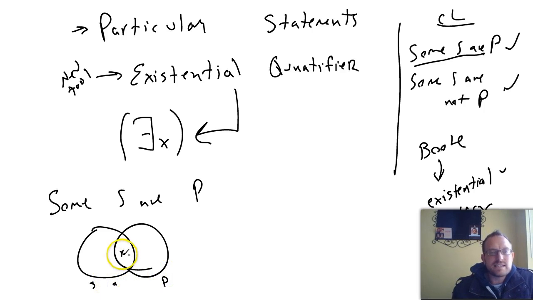If there's an X in the universe that exists and that X is an S and it is a P, I use the language of "and." So you use the rule of conjunction.